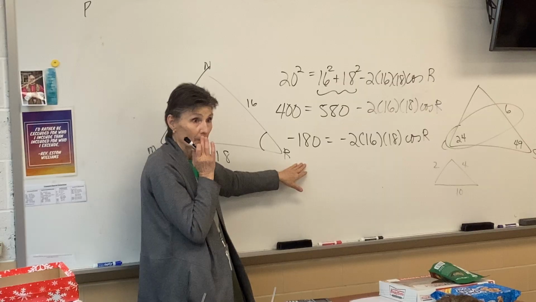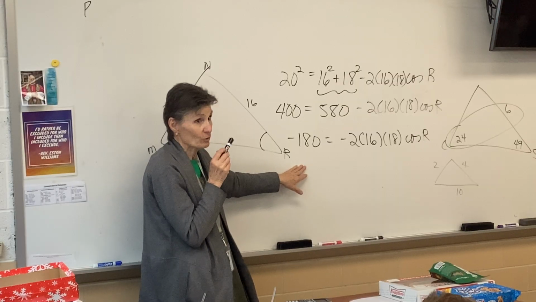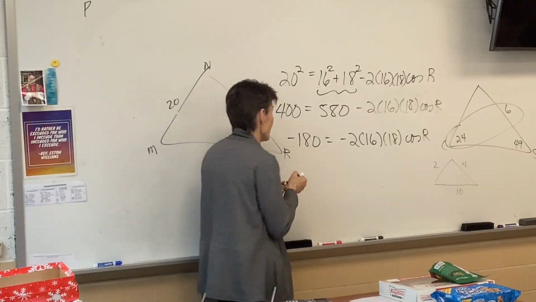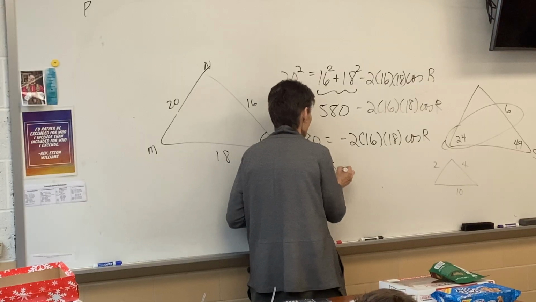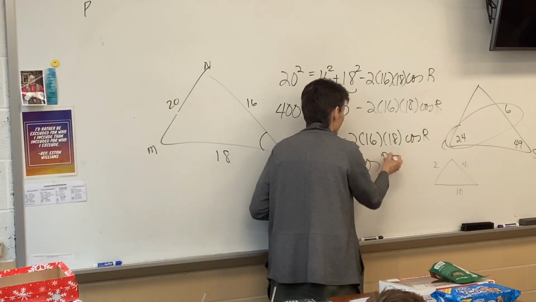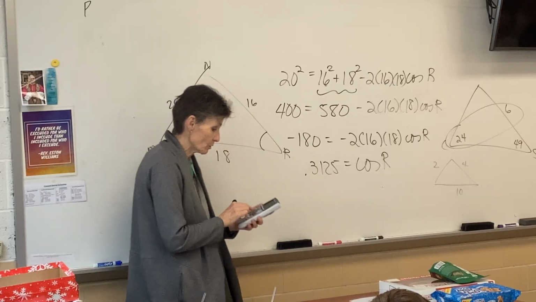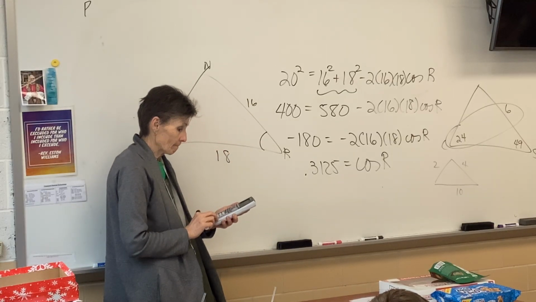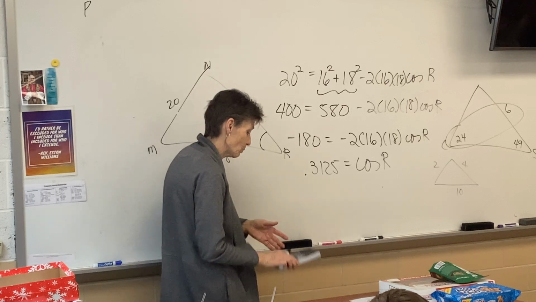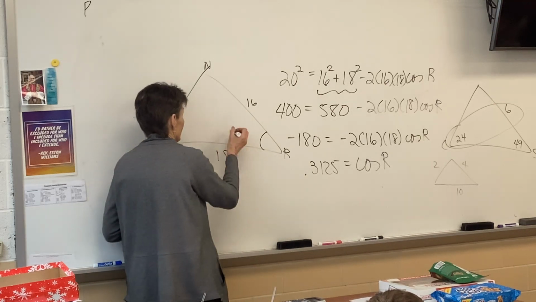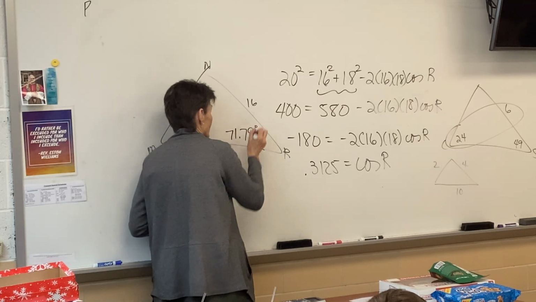Is it not inverse cosine? Then I'm going to inverse cosine now, because that 0.3125 is the cosine of R, and I want angle R, so I'm going to have to inverse cosine that. And I got 71.79 degrees.